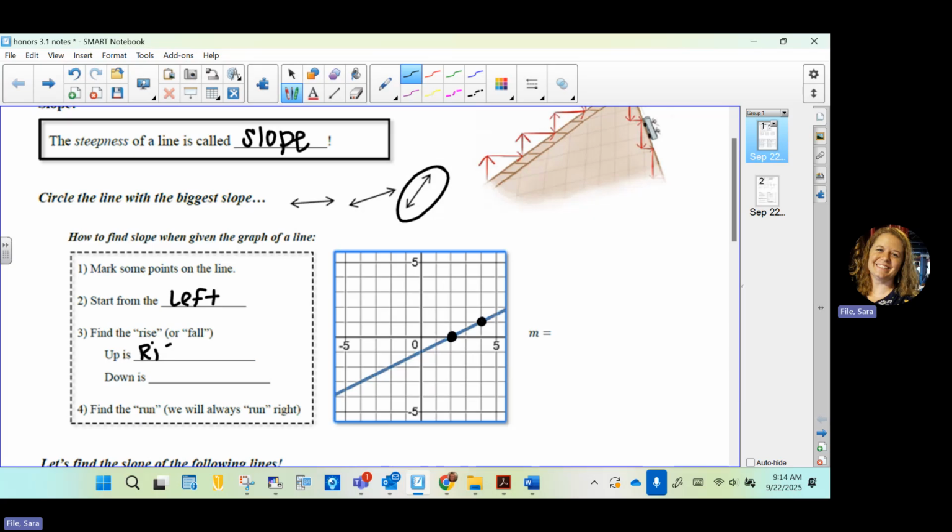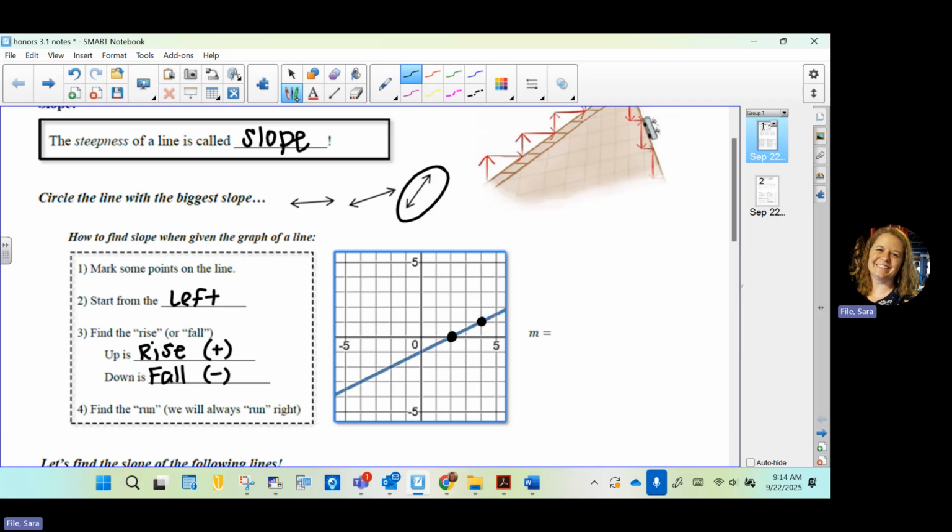My pen stopped working. Now, what's the difference in rise and fall? Positive and negative. Good. So if you want to put that in parentheses, if you're rising, that's a positive unit. If you're falling, that's a negative unit.